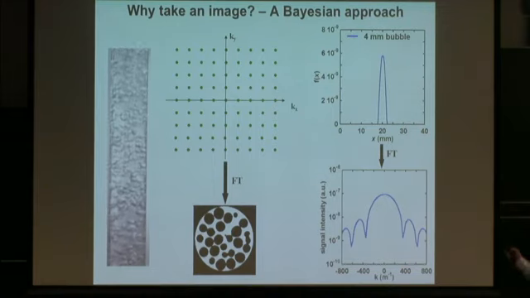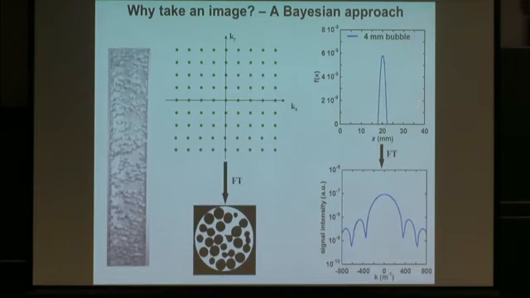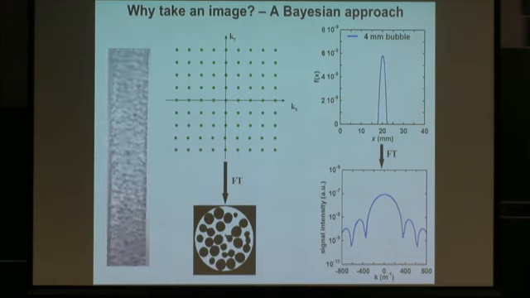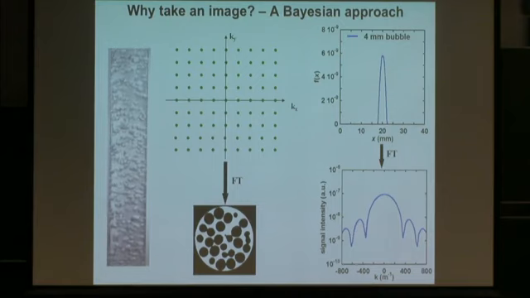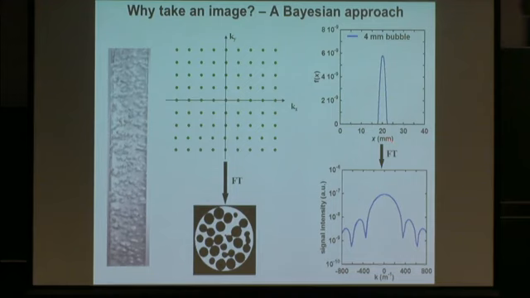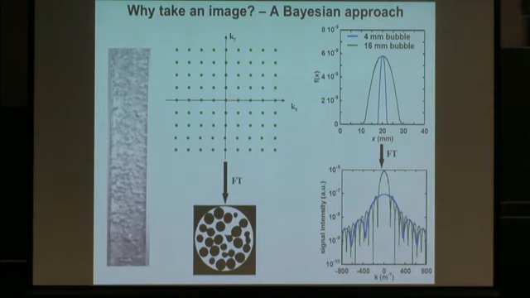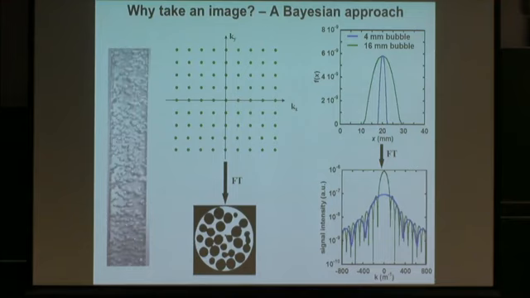So if we take, and this would be a real-space projection of a bubble of a certain size, say a 4 millimeter bubble, we of course acquire in the Fourier transform of real space. So this is what our acquired data in one-dimensional k-space would look like. And if we think about a different size bubble, a broader bubble, then that's going to have a very different characteristic in our experimental data acquisition domain.